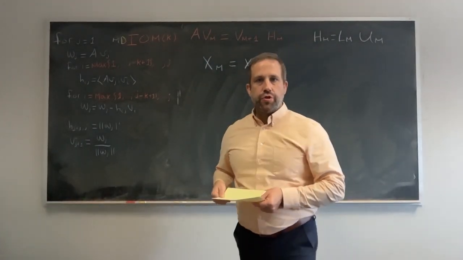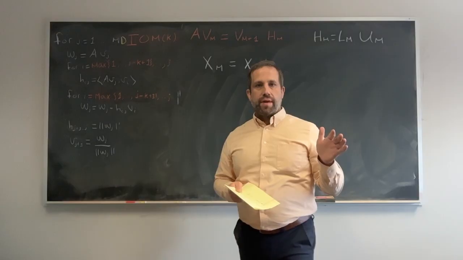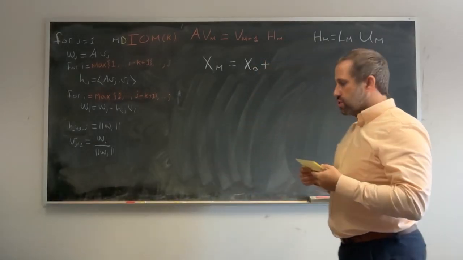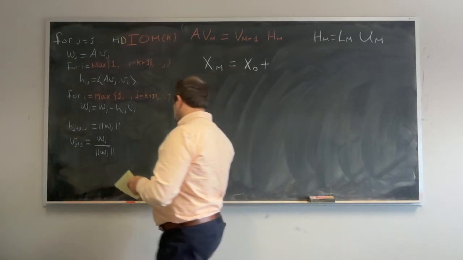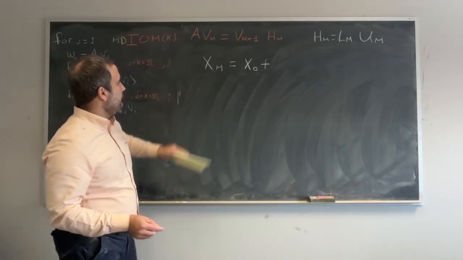Okay, so I need to post an addendum to the video that I made for IOMk and DIOMk. It's the following. Remember that we are looking at solving systems like A x = b.